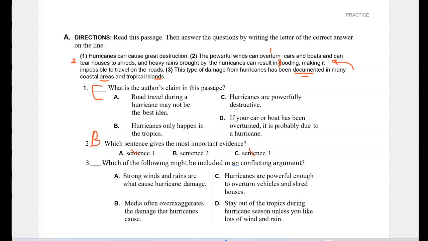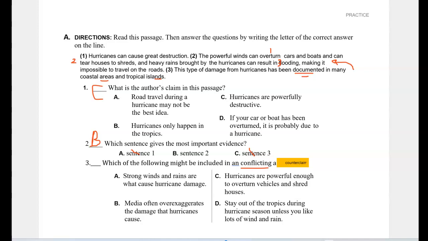Number three, we are looking for a conflicting argument where we're looking for the counterclaim. So a conflicting argument, you might want to write this in, is the counterclaim. So it's the opposite of what the author is writing. So the author writes, hurricanes can cause great destruction, and they're supporting that claim by saying a lot of destruction has been reported. It's been documented. That's another way of saying reported by the media.